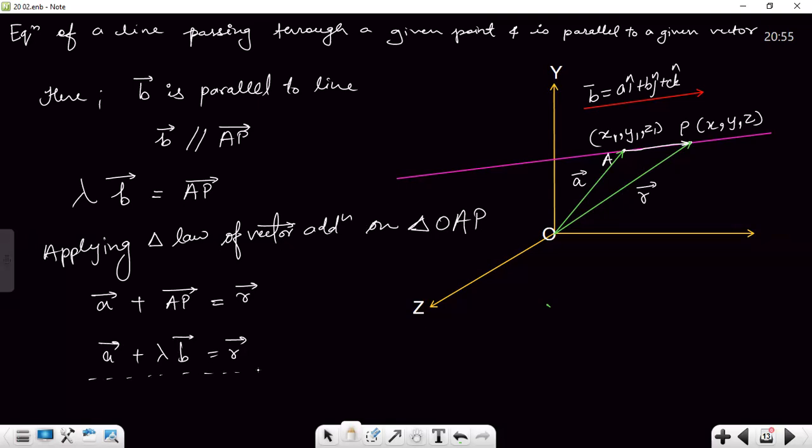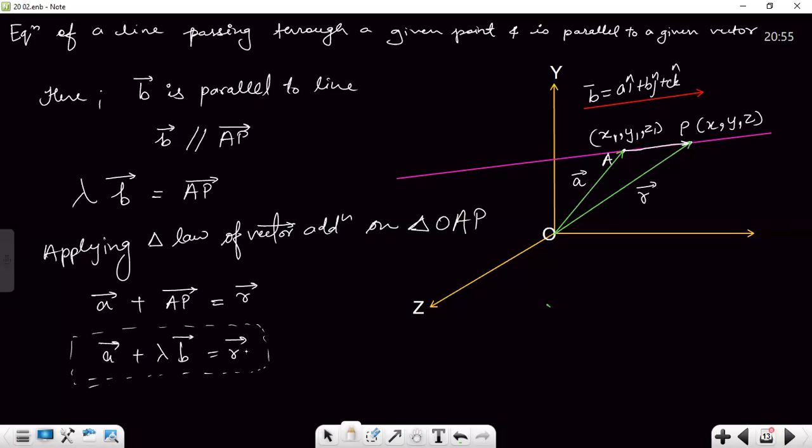Now this is our equation of the straight line, where the R vector is the general vector for the straight line, any random point on the line. The A vector represents the position vector of the given point on the line, and the B vector is the given parallel vector.